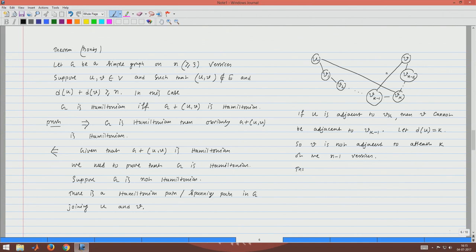Thus, the degree of v is less than or equal to n minus 1 minus k, and what we get is that degree of u plus degree of v is less than or equal to n minus 1 minus k plus k, which is equal to n minus 1. So, this is less than or equal to n minus 1, which is a contradiction.